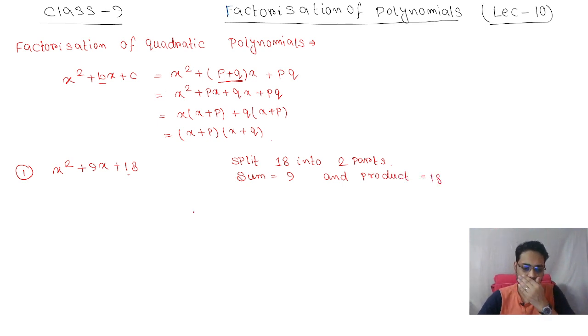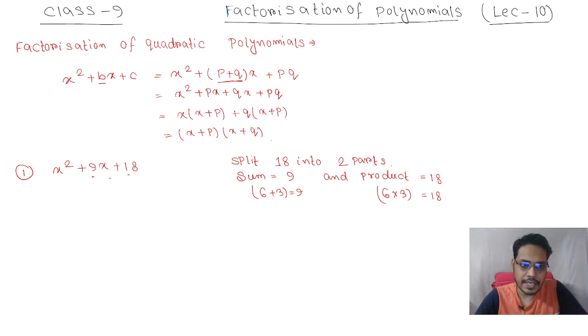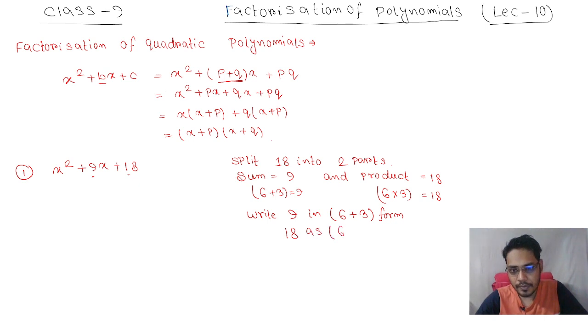Here, how can we do this? As we know, 6 plus 3 becomes 9 and 6 multiply 3 becomes 18. So we need to write this 9 in the form 6 plus 3, and we need to write 18 as 6 multiply 3.